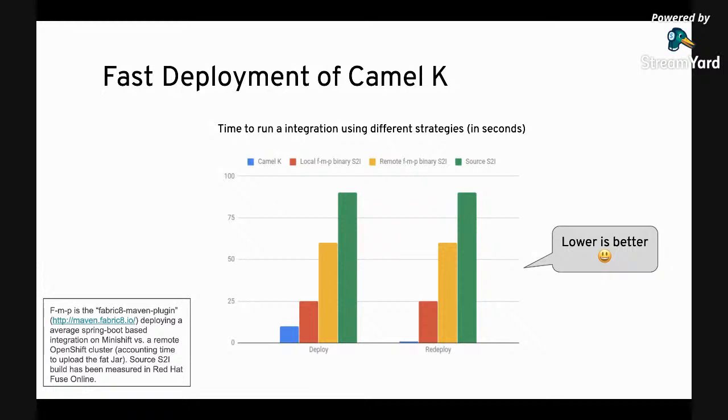So the red, yellow, and green ones are different approaches of building container images using Docker, depending on, let's say, the proximity of your Docker registry. Is it running locally close to you where you run it, or is it remote, or is it something that takes from a source code repository and builds from the source code? They're all slow, but Camel K has a different smarts, and it can be really fast.